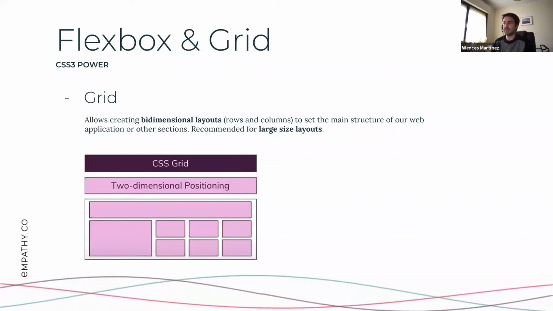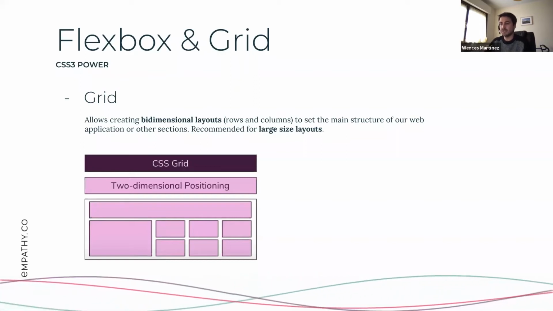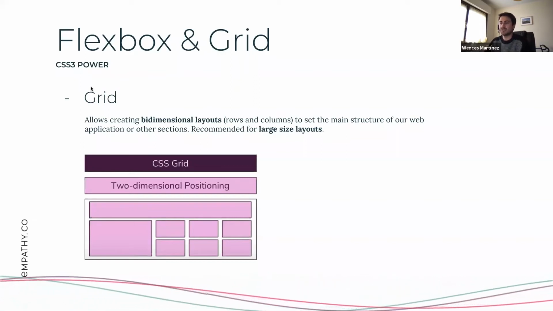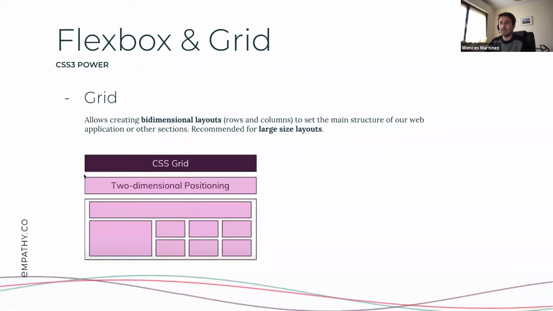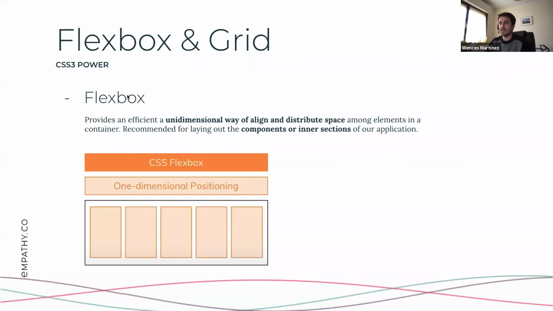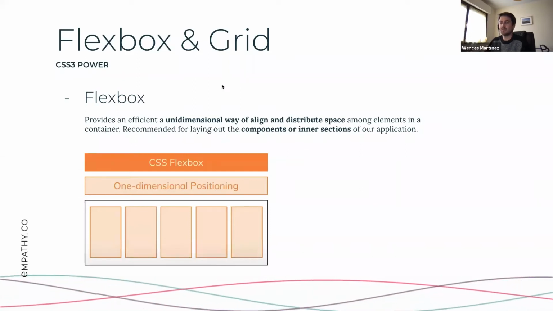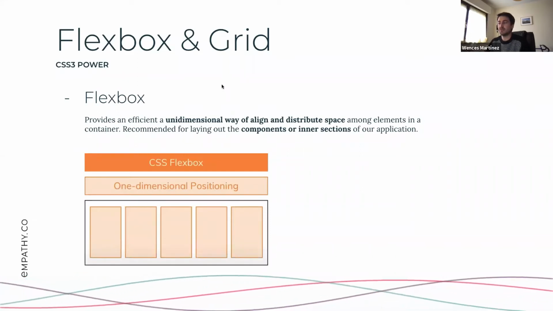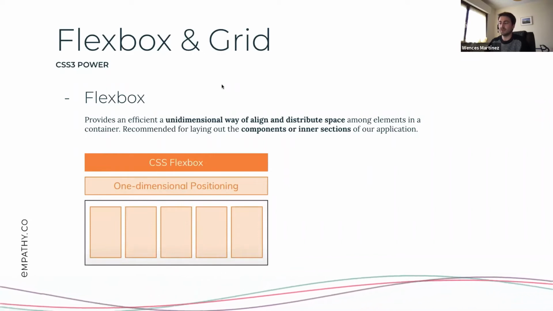It's recommended for large layouts, for styling or aligning the main layout of our applications. Meanwhile, Flexbox is more efficient to lay out the components or the sections of our application.